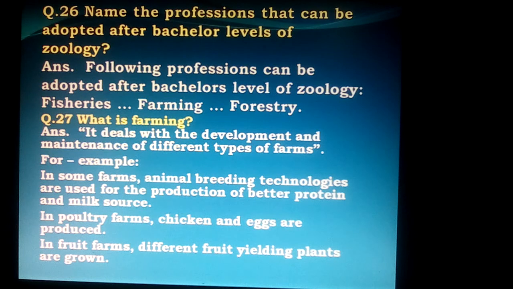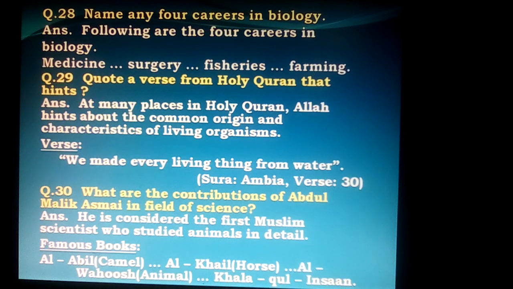So if a cow is giving milk, better milk production should be done, and for that breeding technologies are used. In a poultry farm, chicken and eggs are produced. In fruit farms, different fruit yielding plants are grown. When we work on the betterment of these, this is called farming.